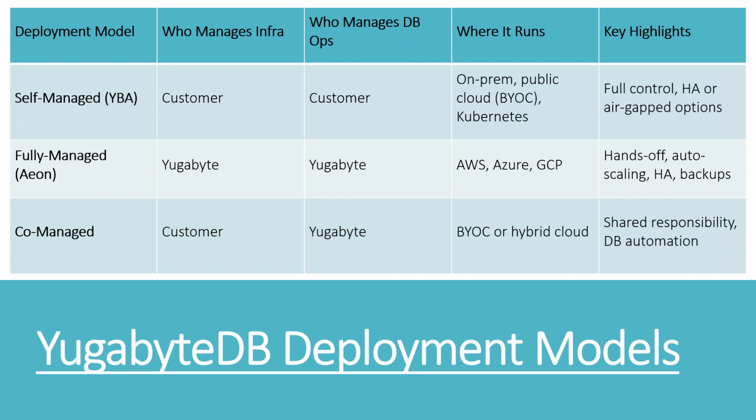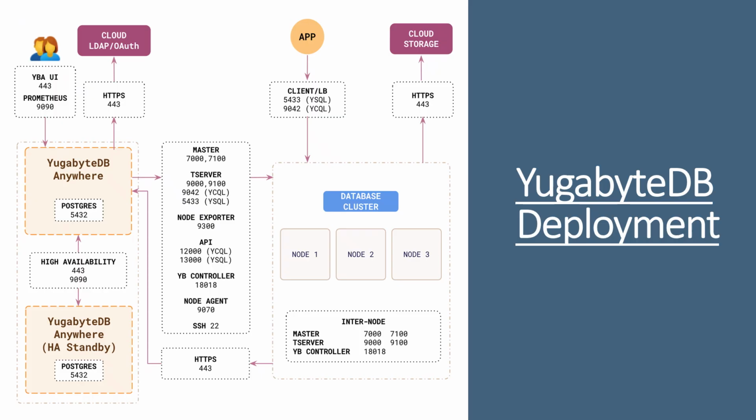It is especially attractive for hybrid cloud or build-your-own-cloud strategies. The key takeaway is that the choice of model depends on our operational maturity, compliance constraints, and how much control versus convenience we want over the database environments. So with that, let's move on to the next slide.